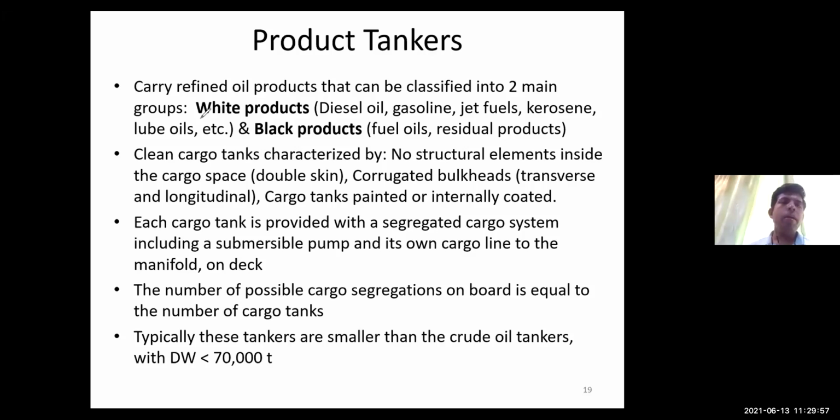So there is a manifold connection on the deck, either to the port or to the starboard. Manifold means flange, where the pipe gets connected. You need a pipeline for the cargo to load and unload. So that particular thing is called a manifold connection. It's nothing like bow or stern.